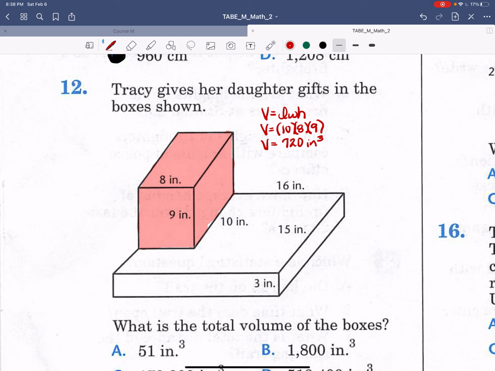And then I have this other box on the bottom where length is going to be 16. Width is 15. Height is 3. Everything's in inches. That's very important. So 16 times 15 times 3 is also 720 cubic inches.